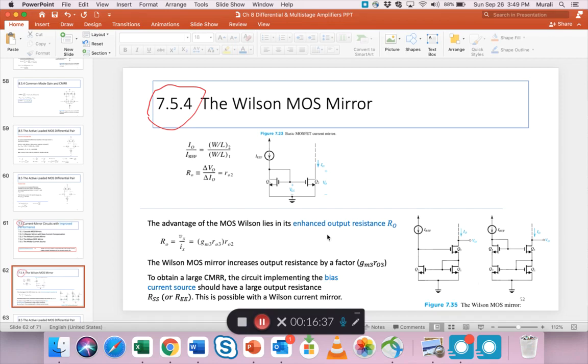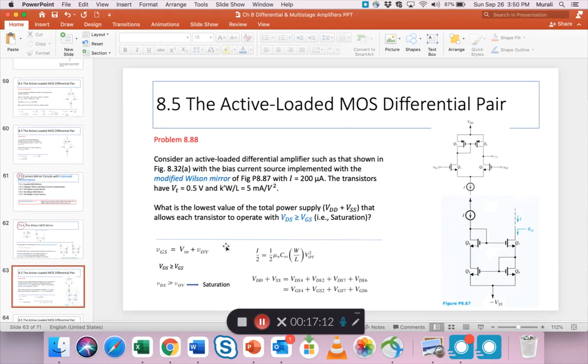And what happens is the output resistance RO, which previously we just took as RO2 in parallel with RO4, now it's slightly more complex. Just for the current mirror itself, the RO has gone up. So you need to be able to put that into the final solution.